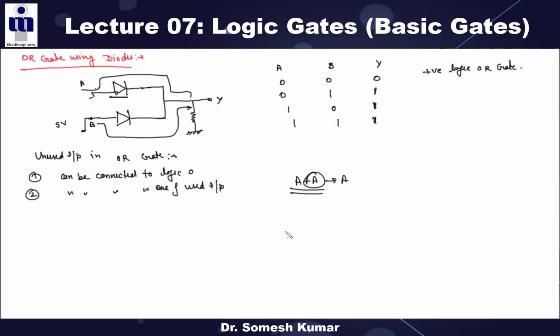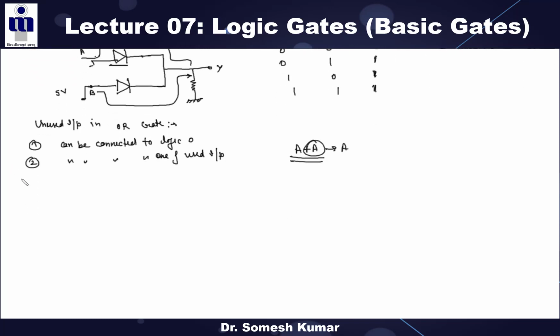Now, can you design AB plus CD using diodes? Can you design this question? AB plus CD. You can try this question at home. How can you design AB plus CD using diodes?